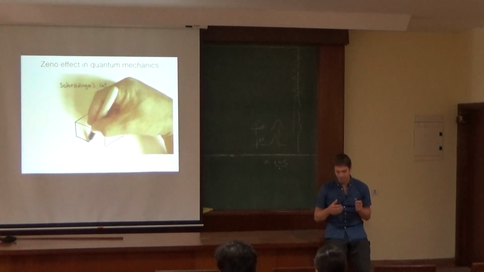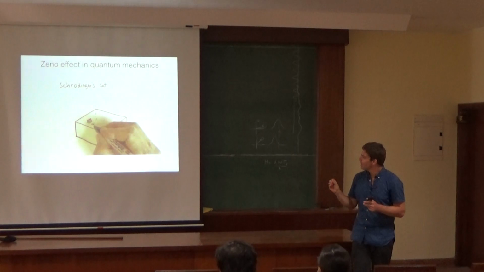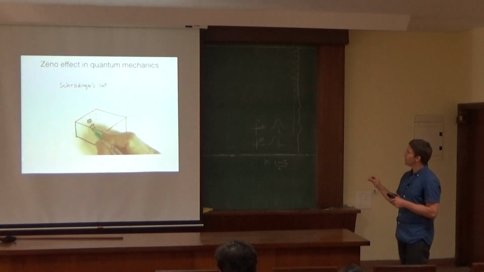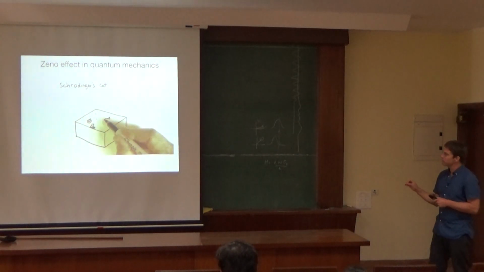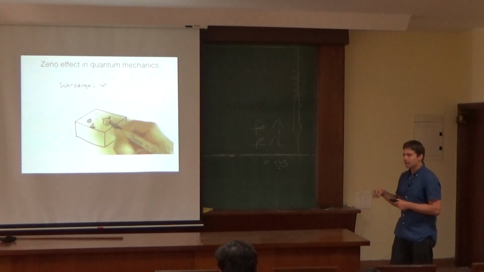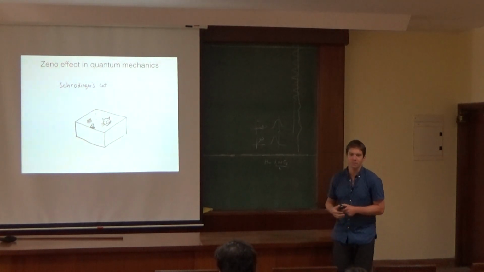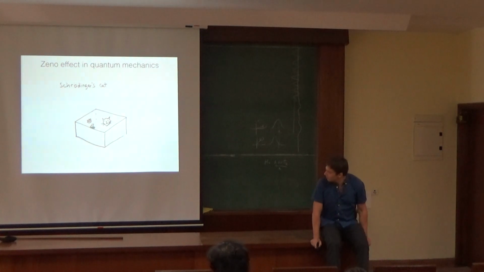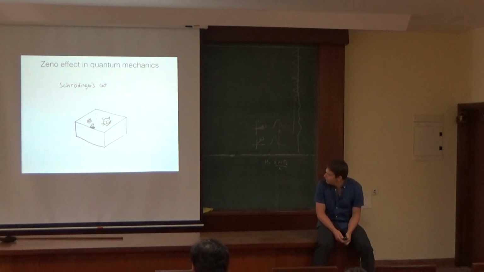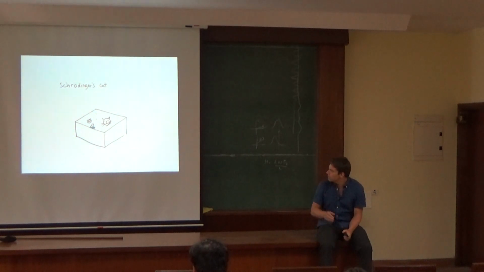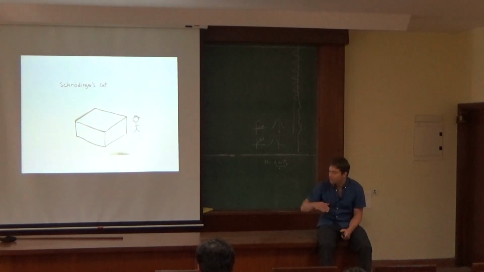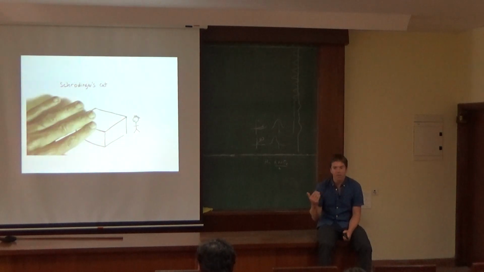paradox. This is a thought experiment where you have a box, and in the box you put a radioactive atom and a little vial of poison, and you set it up so that if the atom decays, this poor cat in the box will be killed. And the idea behind the Zeno effect is if we were to check on the box, we can see the cat's still alive.